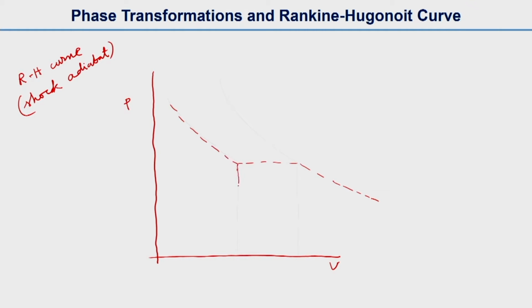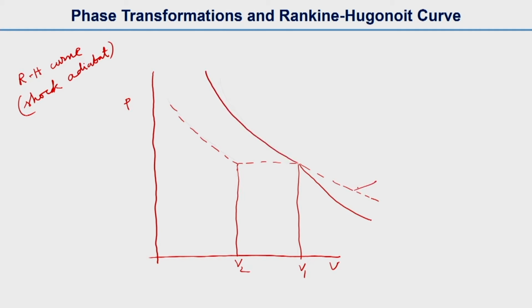As we know, the mixed phase zone is between V2 and V1, that is, both the phases will exist. Now if you want to draw the adiabat, it will look something like this.